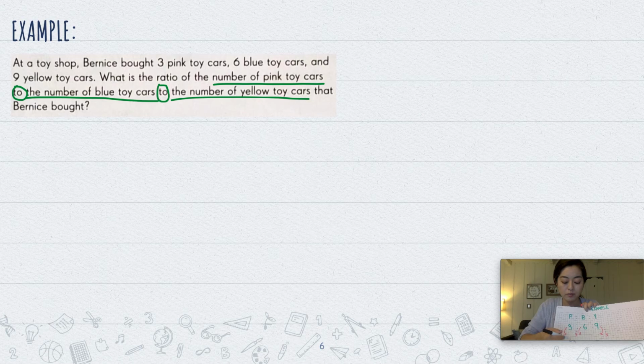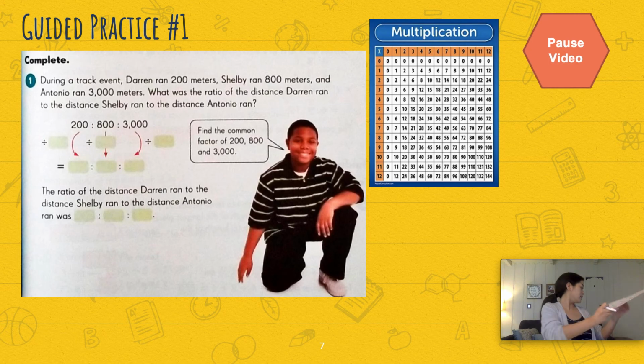Well, 3 divided by 3 is 1. 6 divided by 3 is 2. 9 divided by 3 is 3. So our simplified ratio is 1 to 2 to 3. Okay. Can you please pause the video and try guided practice number 1 on your own?